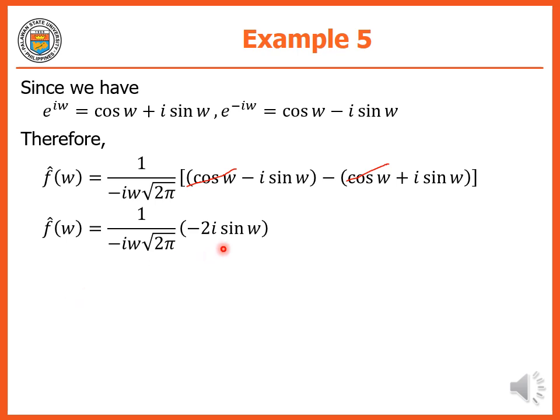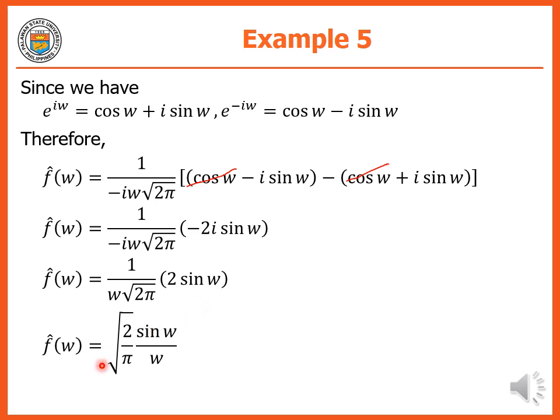From here, the negative is cancelled. So we can now have your answer: 1 over w square root of 2 pi times 2 sine w. And simplifying this further, we have square root of 2 over pi times sine w over w.